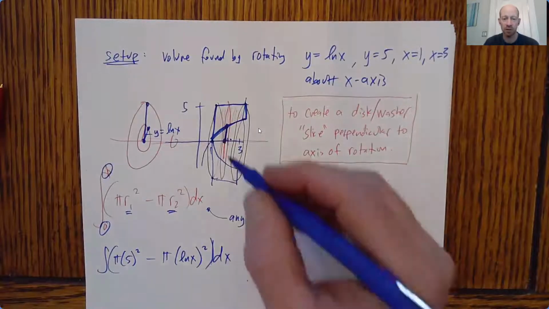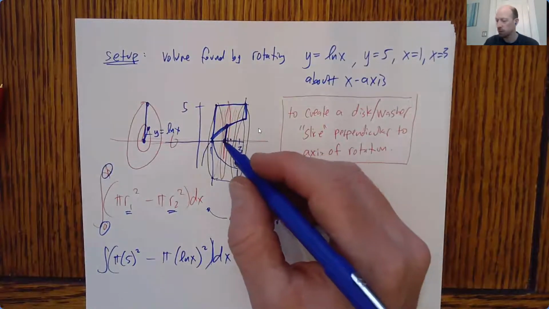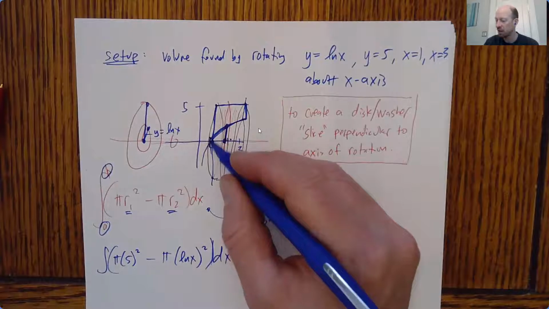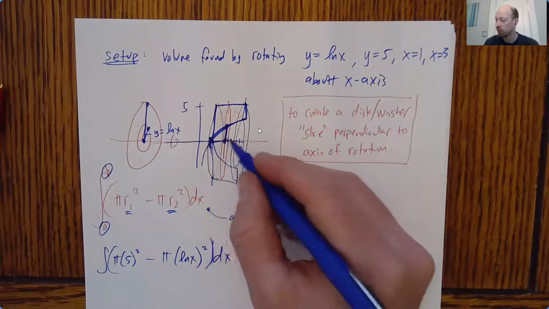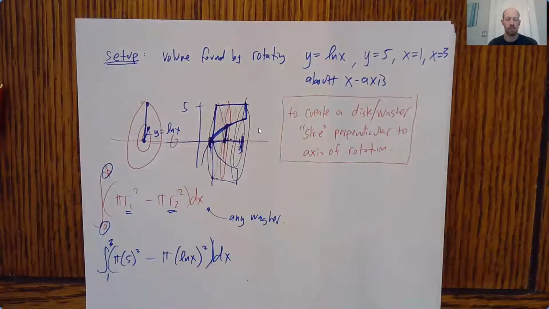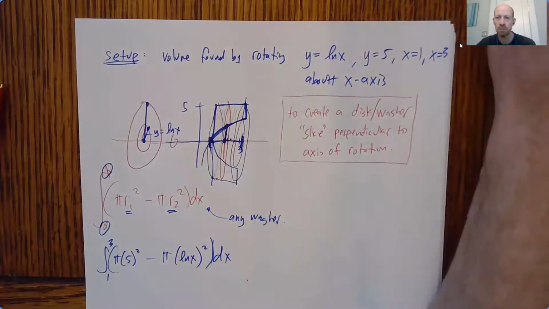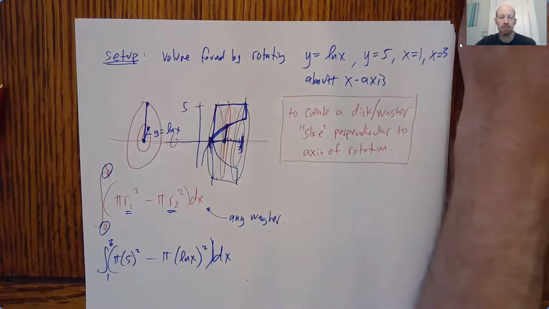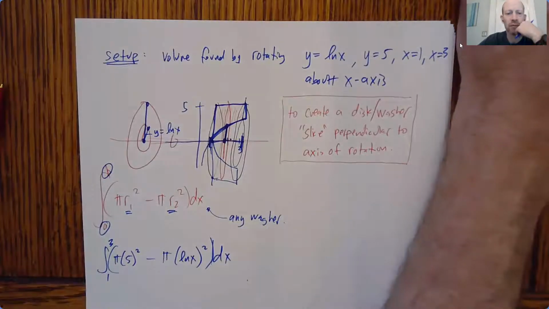And then the bounds here are, I want to start with this left-hand side, which is 1, and go over to this right-hand side, which is 3. The bounds within the parentheses.